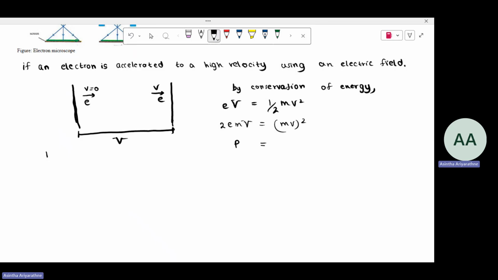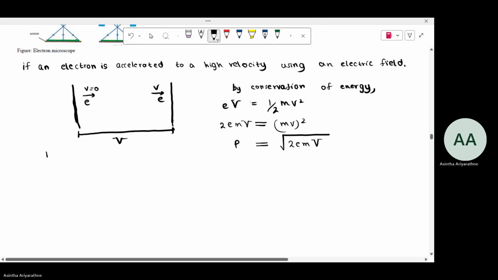So p is equal to square root of 2 e m V.